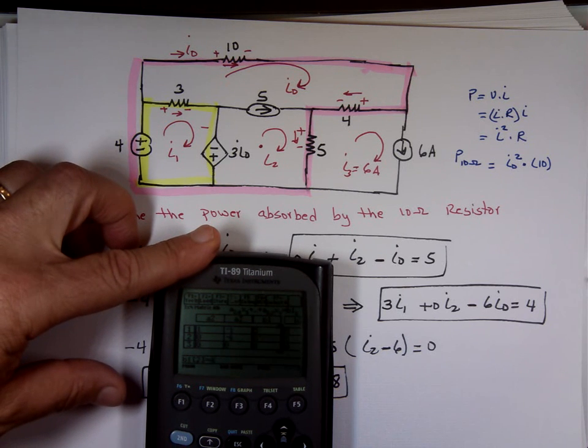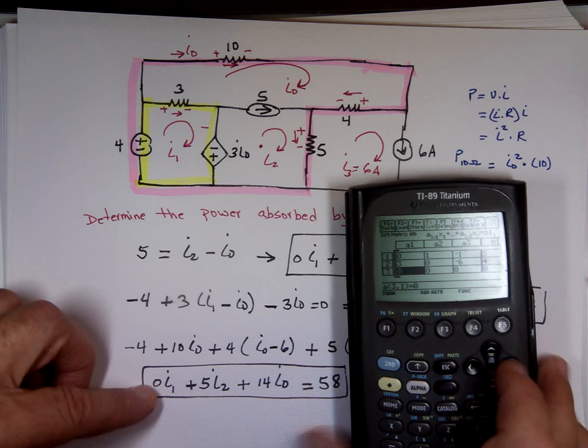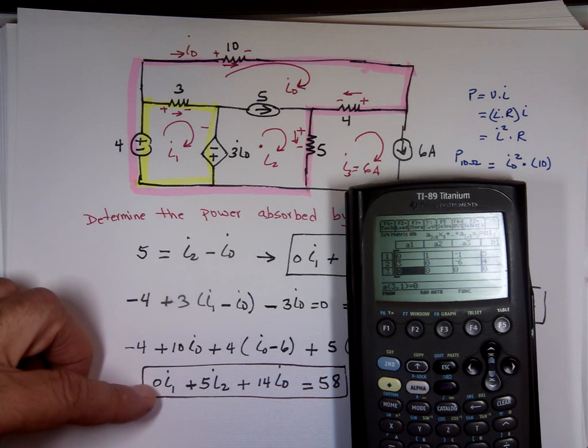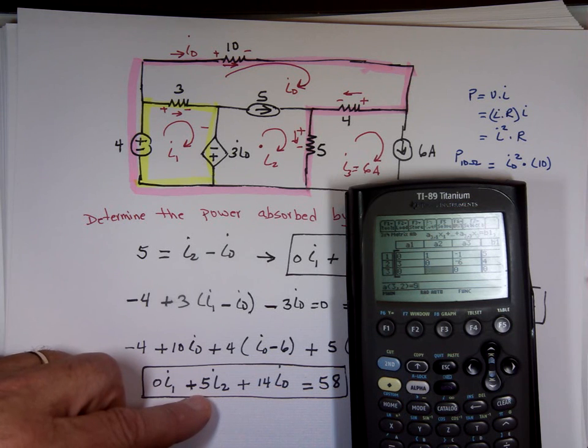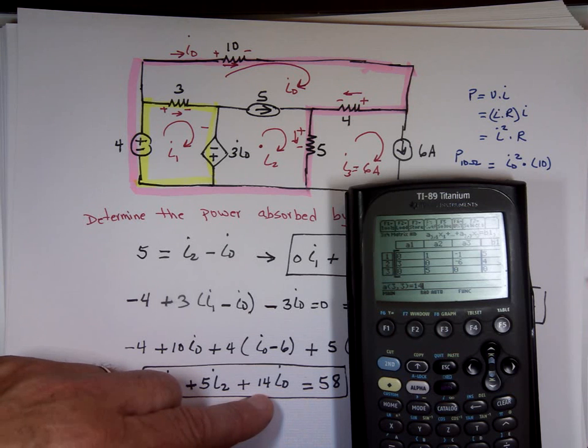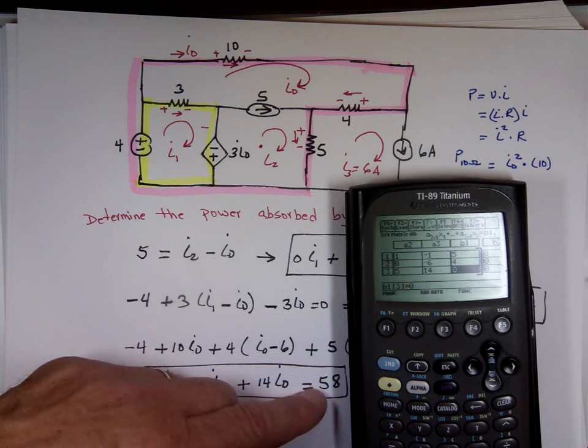Next one. 0, 5, 14, I hit the wrong key, hopefully it didn't affect anything, and 58. And solve it.